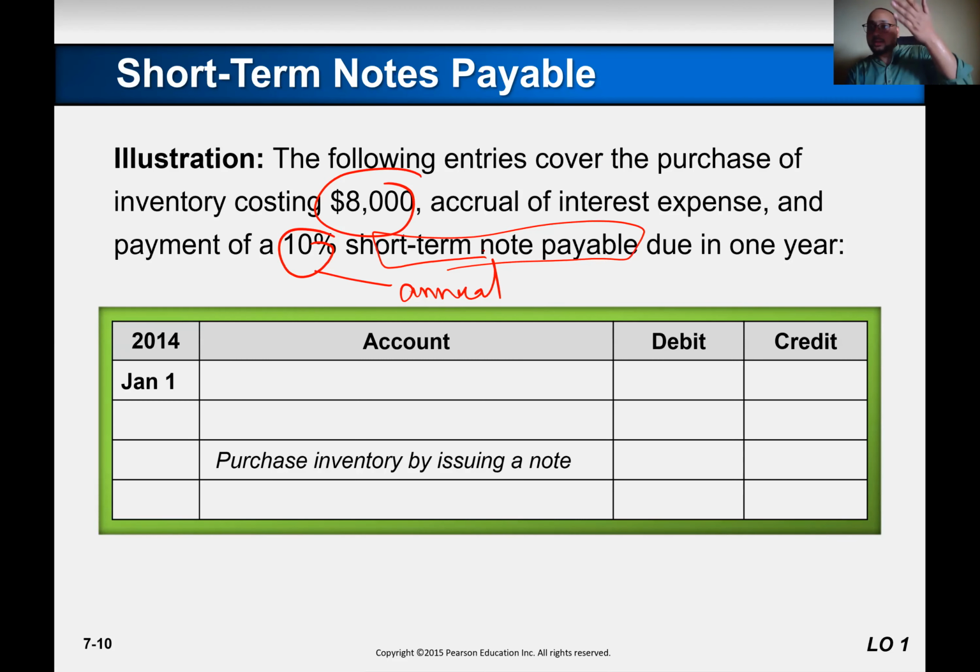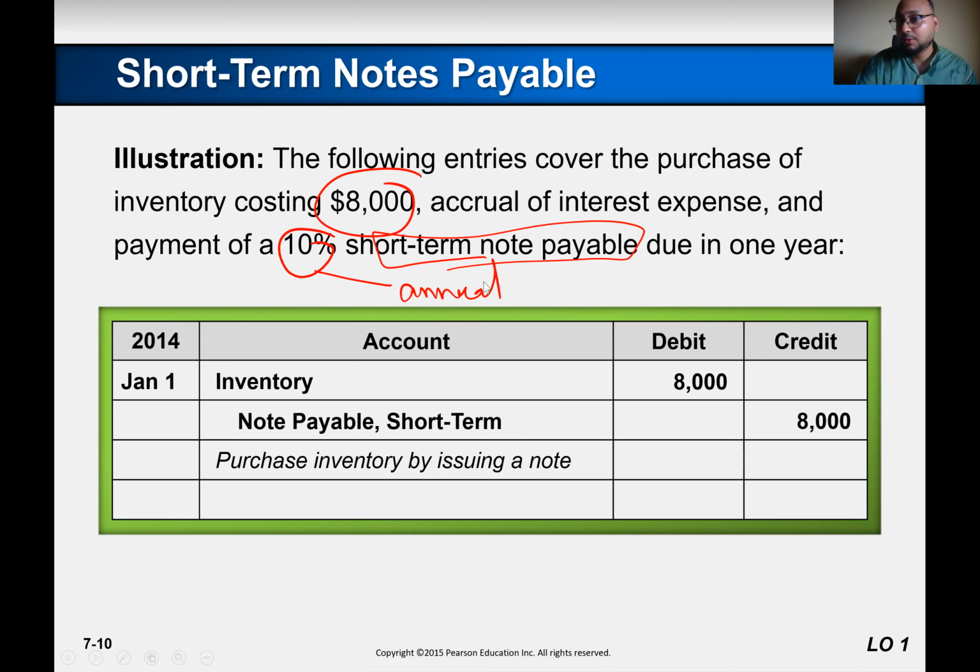Your inventory increases, and that is going to be matched by notes payable, because you draw up notes, you write it down, and you give them some kind of agreement on your business letterhead. So that notes payable is going to be your liability. So the answer would be inventory to short-term notes payable. If the question is silent, then of course inventory to accounts payable.